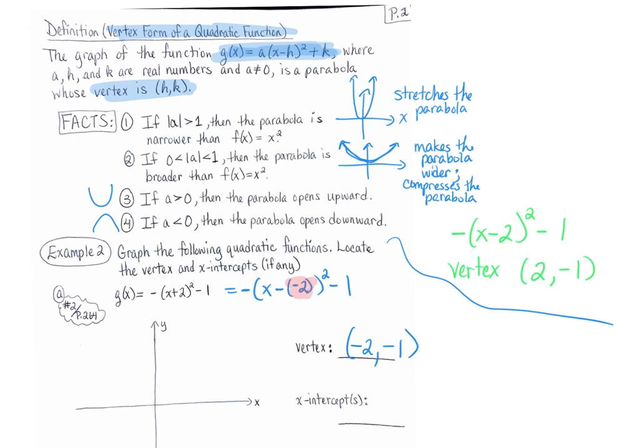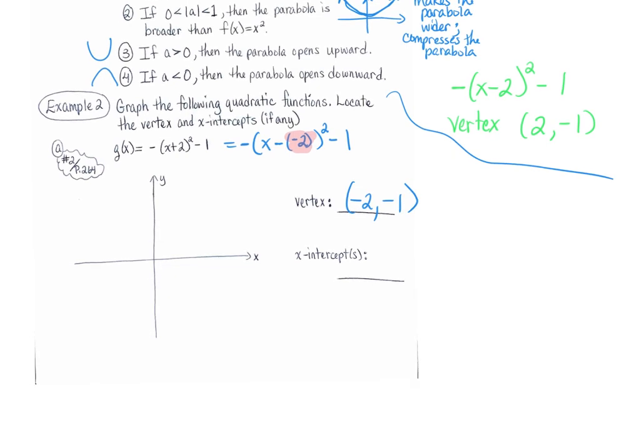Okay, so back to part A. Whenever we have to find our x-intercepts, we know that our vertex is negative 2, negative 1. You said to find our x-intercepts, we set y equal to 0. What do we know about this parabola because this negative is out front? It faces downward. So if we go to negative 2, negative 1, this is our vertex, and the parabola faces down.